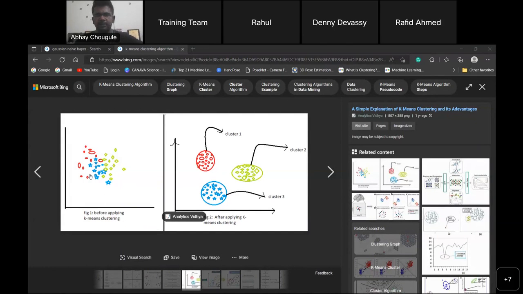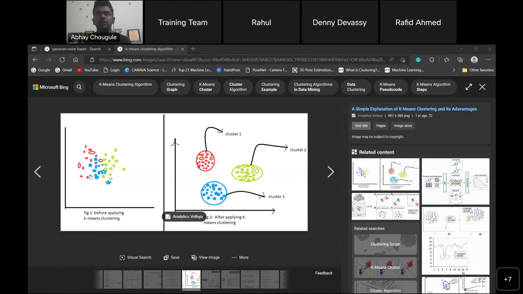This is a collection of data, and you want to create categories, clusters. A cluster is nothing but a group. You have to make a group of similar data points, similar types of people. Suppose there are red type of people, yellow type of people, and blue type of people, and you are making those groups. So how can I make them?